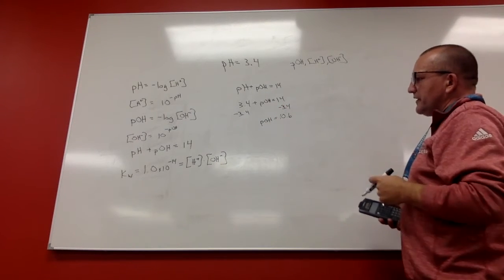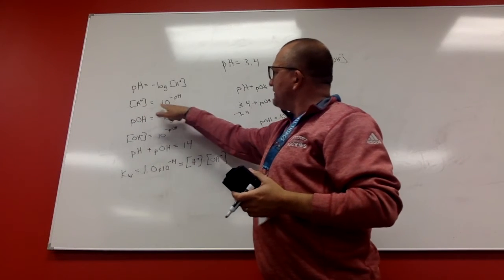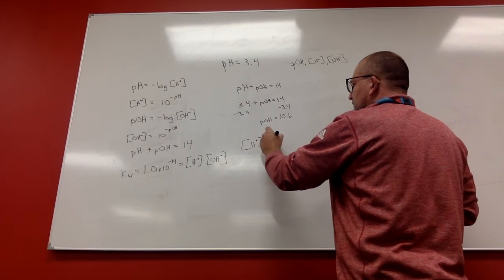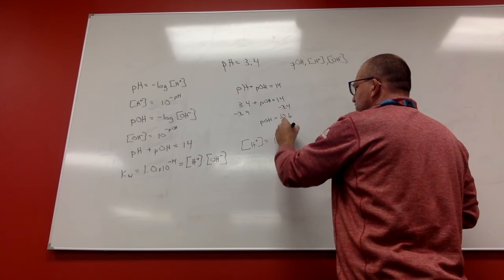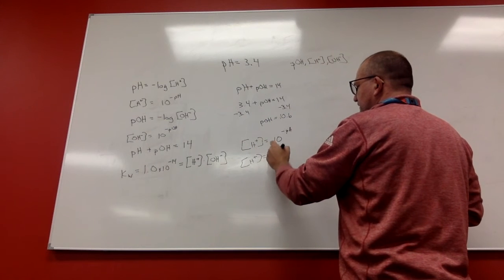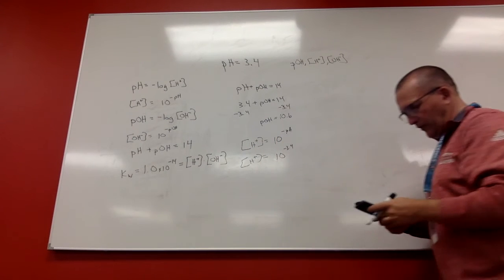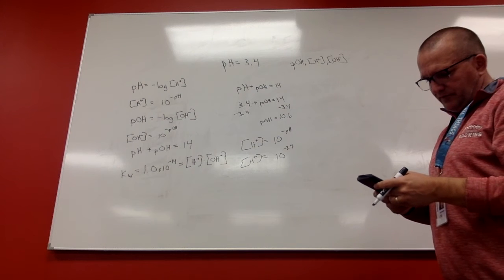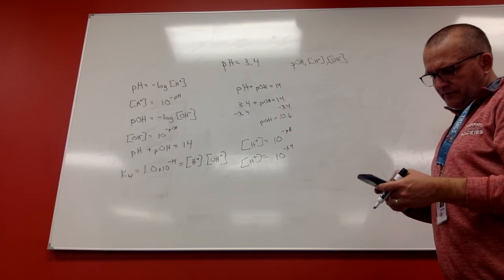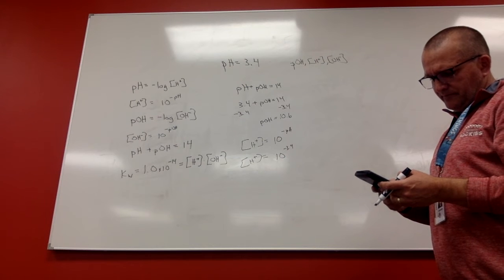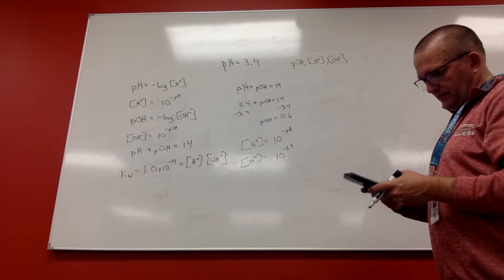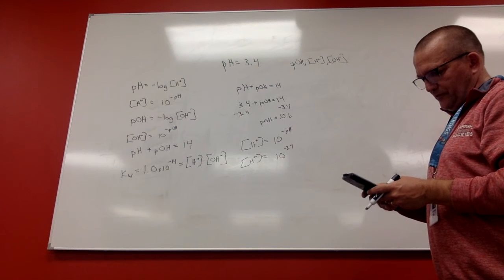Now, to find my hydrogen ion concentration, I take base 10 to the negative pH. So hydrogen ion concentration equals 10 to the negative pH. My pH is 3.4, so my hydrogen ion concentration is equal to 10 to the negative 3.4. On this calculator, you hit the base 10 button and enter negative 3.4.